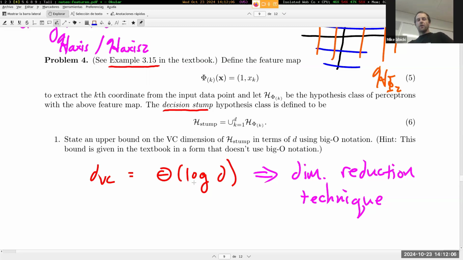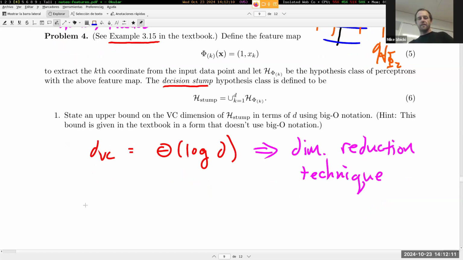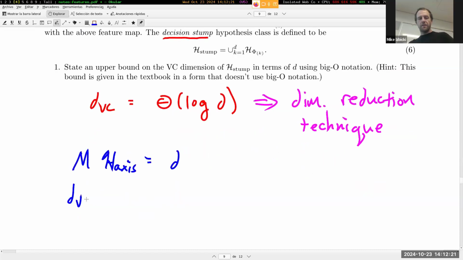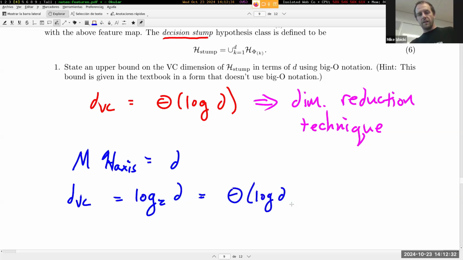Again, the other connection here to the h-axis and h-axis 2 is that, say for the h-axis, the m_H was equal to d, and the d_VC of h-axis was equal to the log base 2 of d, and so that's theta of log d.